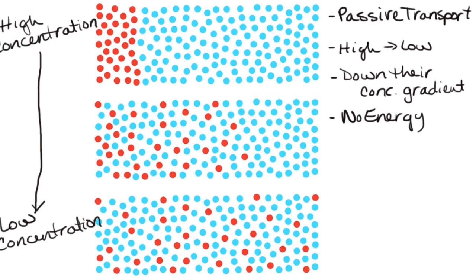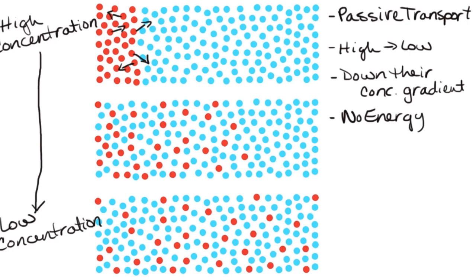Another thing about it is that each of these red molecules is not just making a massive dash to the other side of the container that they're in. They're not all running outward to get to this very low concentration. Instead, each molecule is going to be bouncing around in different directions. Some will actually be bouncing back towards the middle.